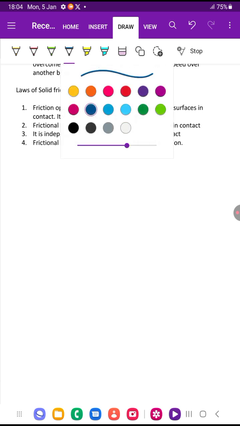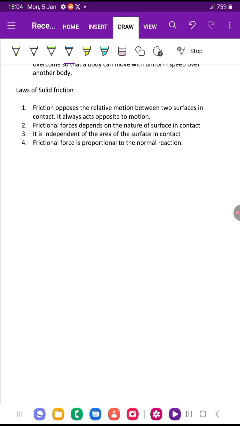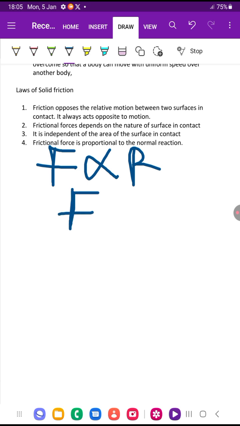So now let's look at this. If frictional force is proportional to the normal reaction, to remove the proportionality sign, we need to add a constant there. The symbol here is mu. Mu is a Greek letter.